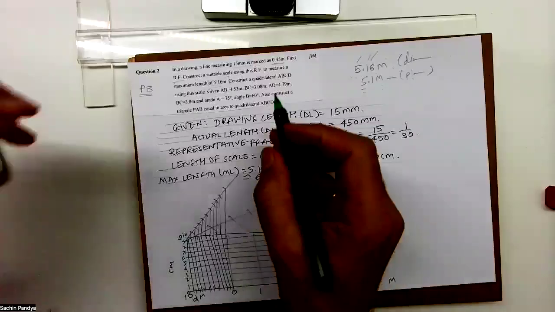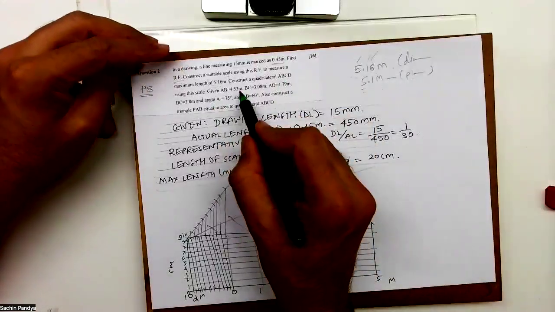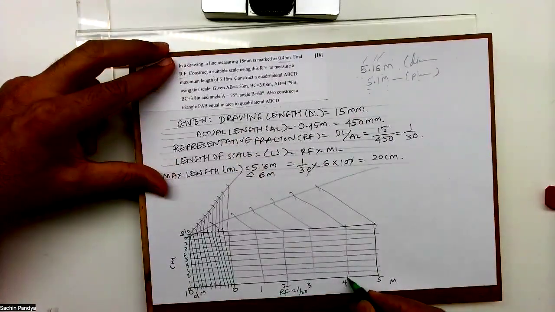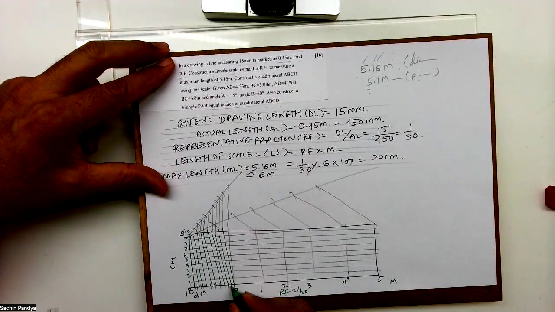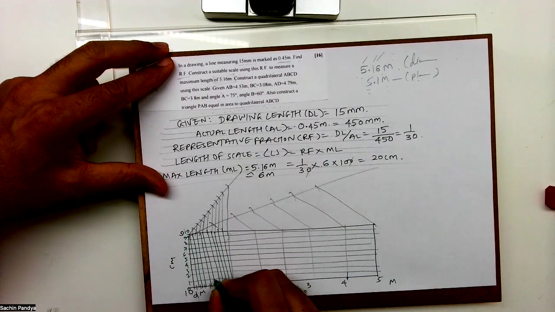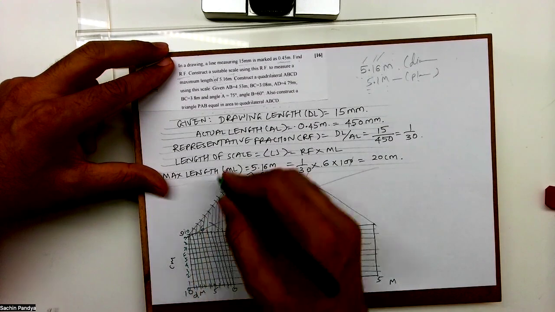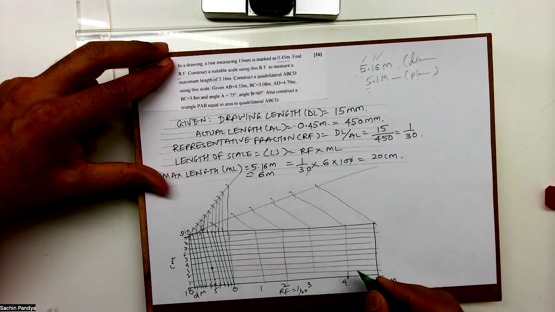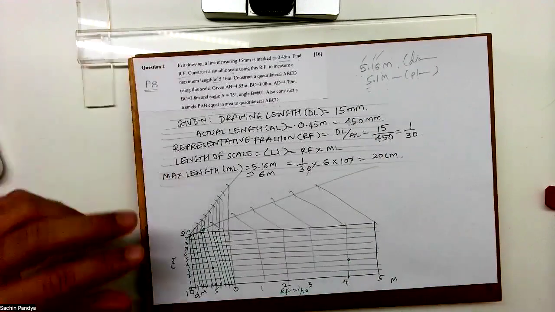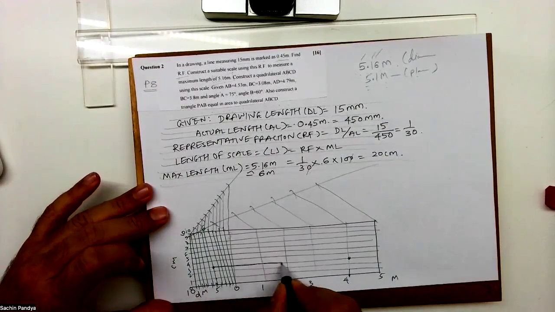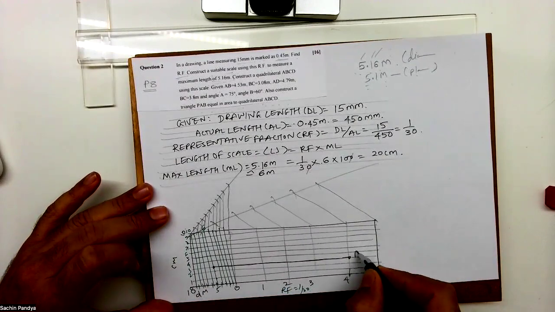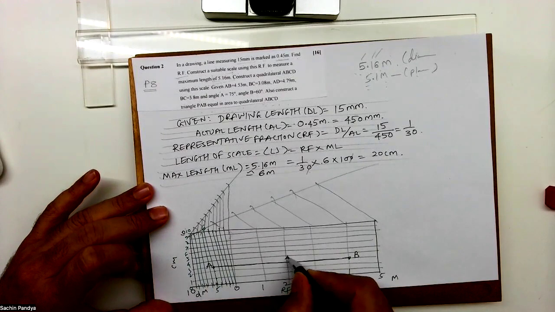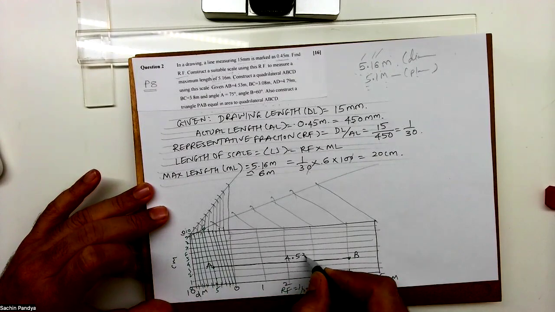Now you have to mark AB, 4.53. So 4, then 5, and on the line joining 5 to 6, I'll go up 3. 1, 2, and 3. So this distance AB is 4.53.